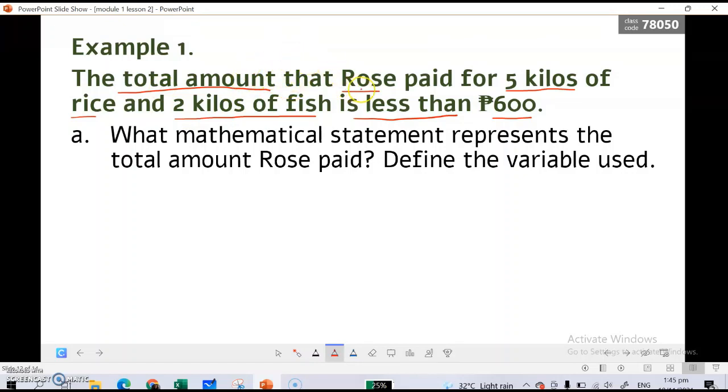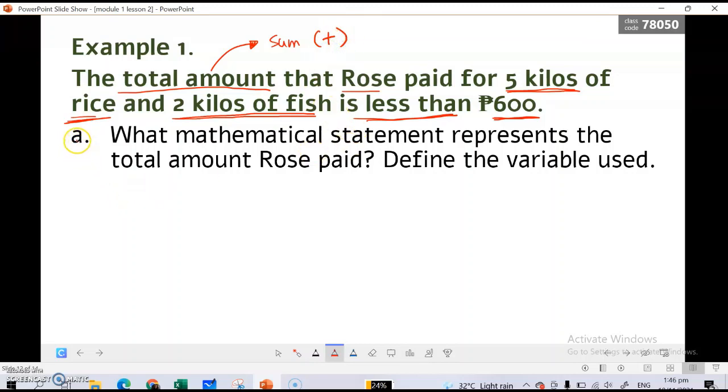So, lahat ng binayaran ni Rose para sa 5 kilo ng bigas at 2 kilo na isda na binili niya ay mababa pa daw sa 600. Okay? Mababa pa sa 600. So, kung nagbayad siya ng 600, okay, meron pa siyang sukli. Okay? Pag sinasabing total amount, ito ay sum. So, ibig sabihin, mag-a-add tayo dyan.